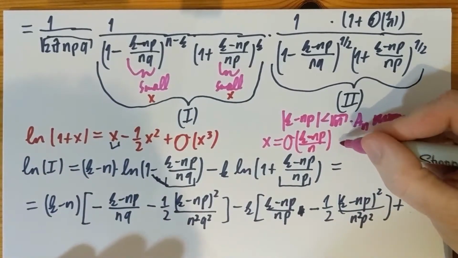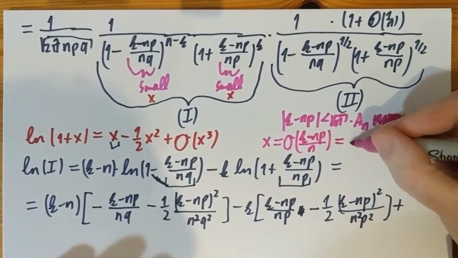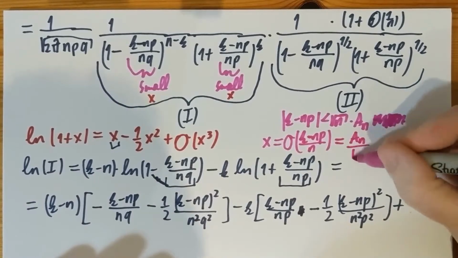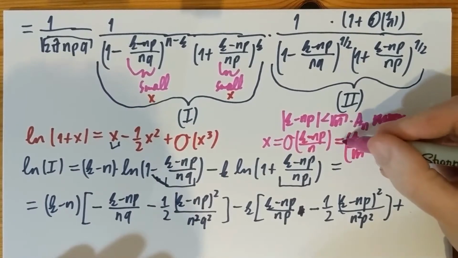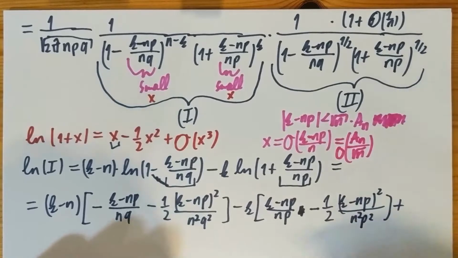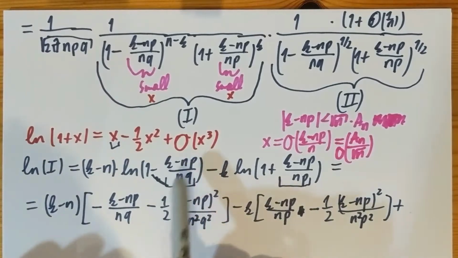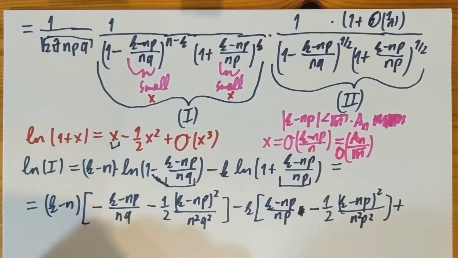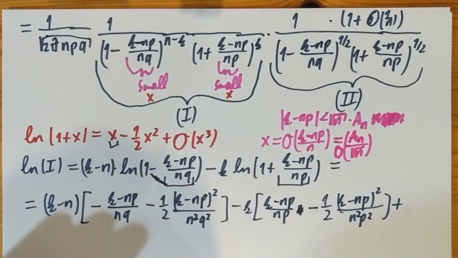So what is that order? That is going to be an over square root of n. Okay, so it's the order of an over square root of n. That's how large k minus np over nq or k minus np over np is, with some constant, but constants don't matter.